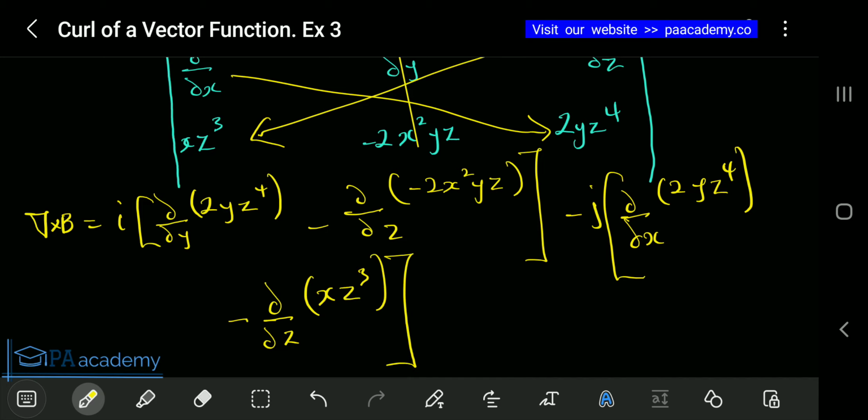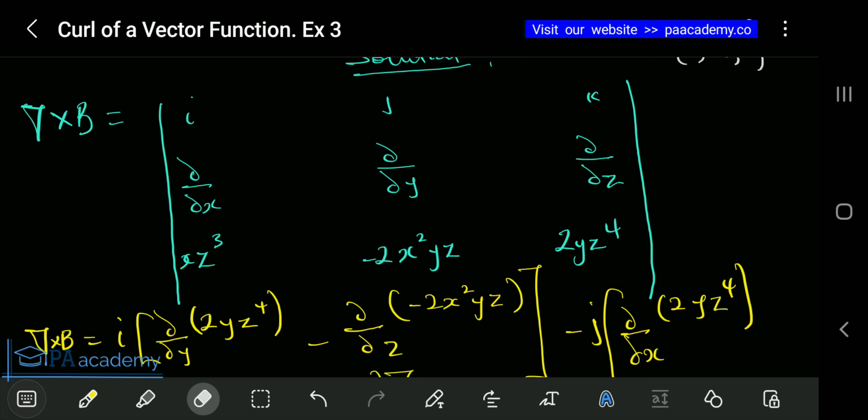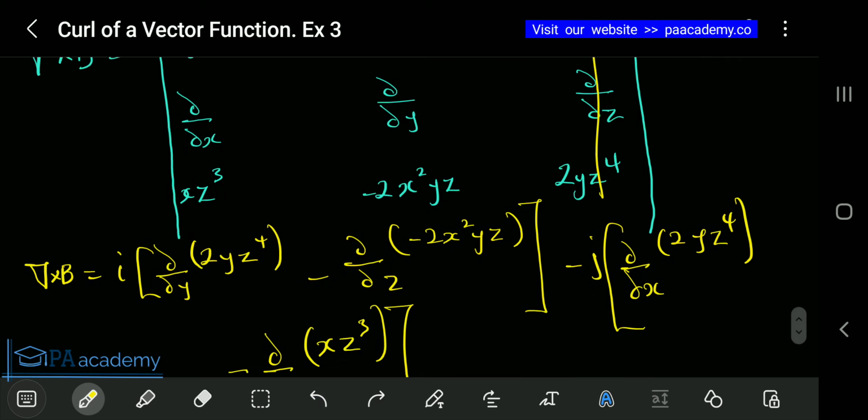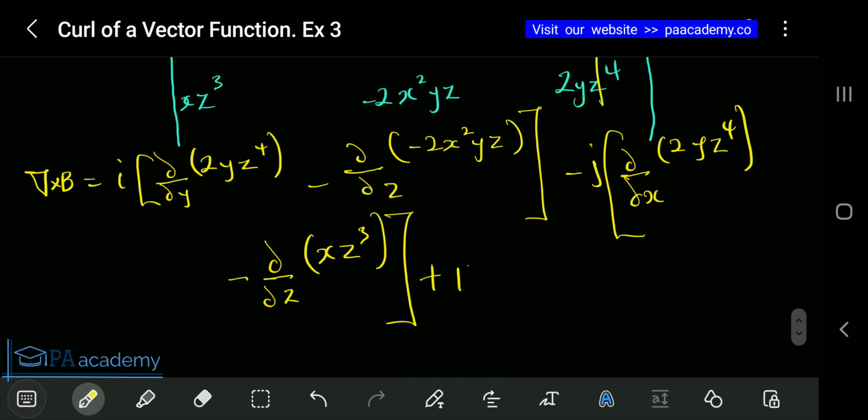Okay, the next one is for k now. If you are dealing with k, we ignore everything in this particular column. So what we are going to multiply is the multiplication of this minus the multiplication of this. Let's do that. So we'll have plus k.